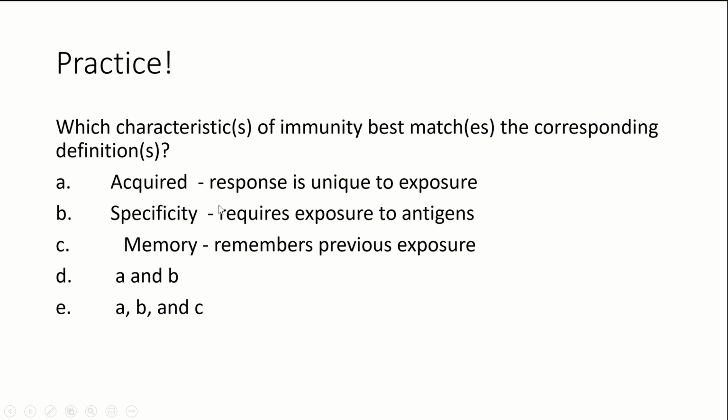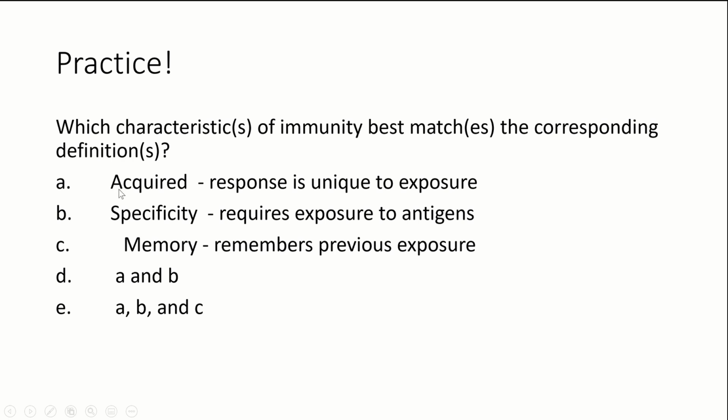So the way I would think about this is you could kind of think these are right until you read both answer choices and think, hey, no, acquired sounds like it requires exposure to the antigen, right? That's what matches. Specificity sounds like response is unique to exposure. So these are actually switched, okay?